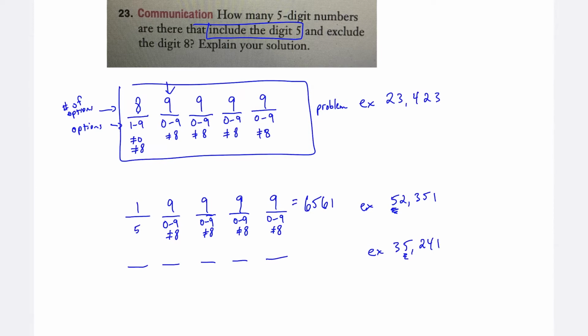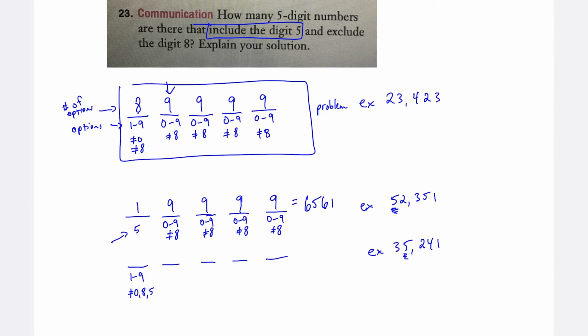Here we're going to come up with the numbers 1 through 9, but it can't equal 0. Oh, we already took care of that. We won't make it an 8. But we also can't make it a 5, because we already came up with every number that began with a 5. We don't want more options that begin with a 5, or else we're double counting.